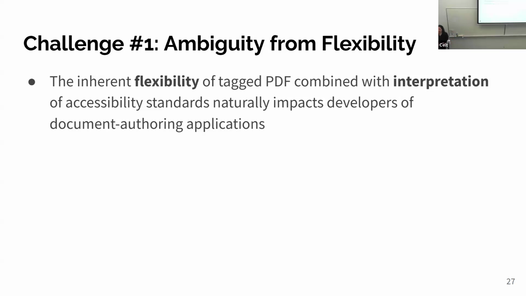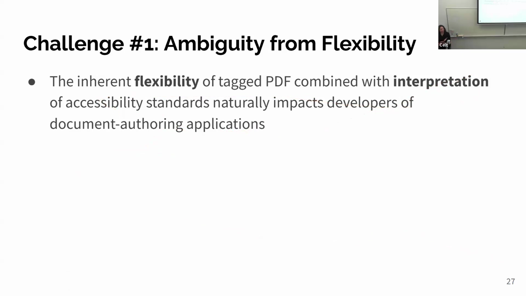So when we're creating software that's going to create accessible PDFs or PDFs, it's unfortunately susceptible to these ambiguities. The people who created that software might have interpreted accessibility standards in one way, and people who build another software understand them in a different way.